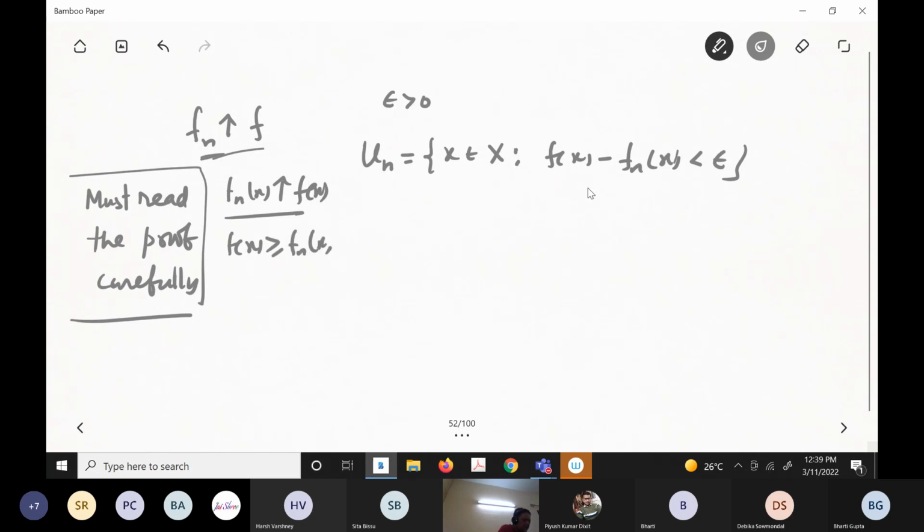That's why I'm not taking the modulus here. This is a positive number, so this is 0 less than or equal to this. He's taking that, so this is the same as this. You have picked any n and are keeping it fixed. Now look, this actually means the same thing.